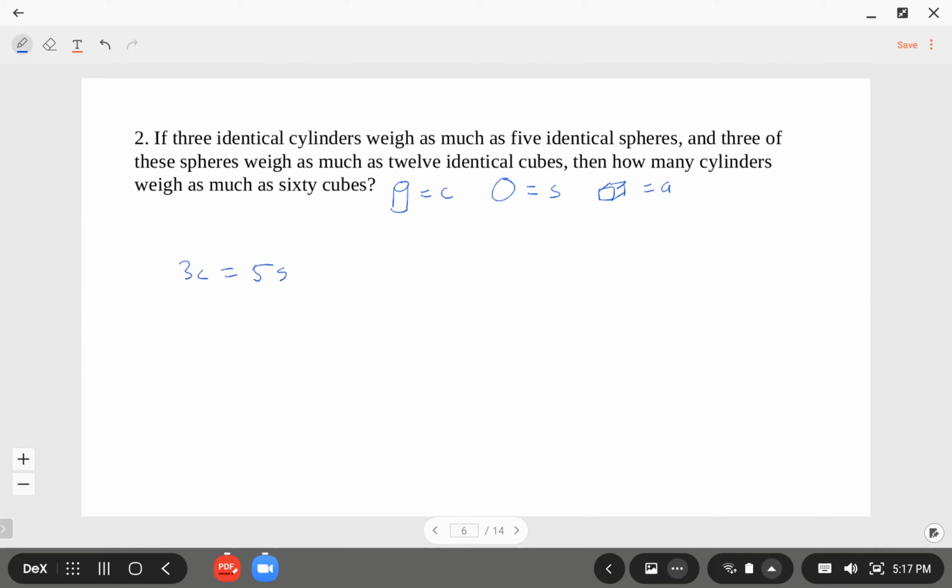Because 3 identical cylinders weigh as much as 5 identical spheres. And 3 spheres weigh as much as 12 identical cubes. And then we need to find out how many cylinders weigh as much as 60 cubes.